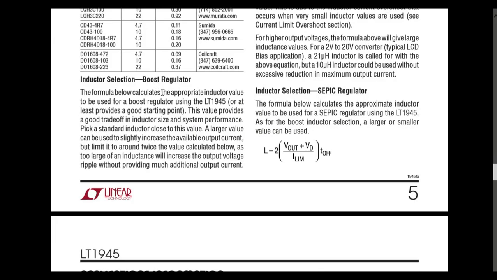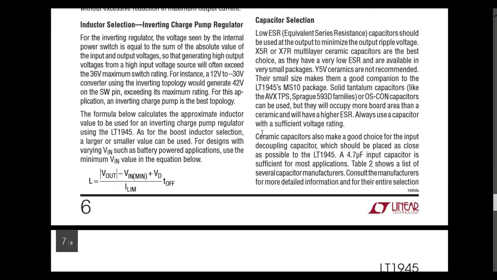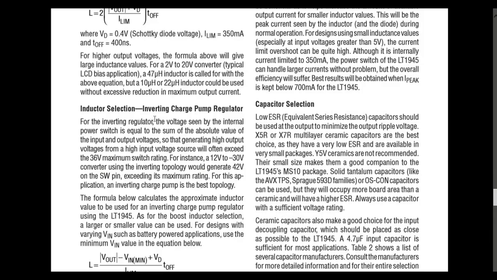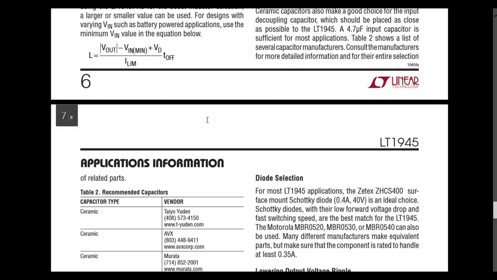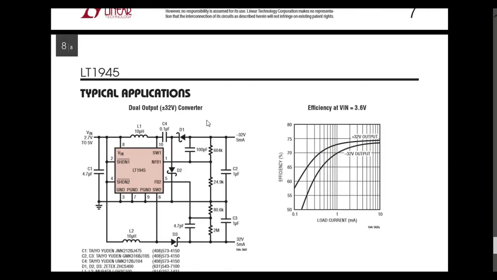So there is an inductor selection guide for the boost converter, and they are also using this circuit as a SEPIC converter, so they have given the inductor selection guide for the SEPIC converter. You can read this, I'm not going to read it. They also cover inductor selection for the inverting regulator and for the inverting charge pump regulator.